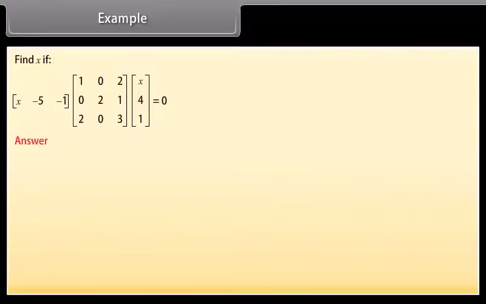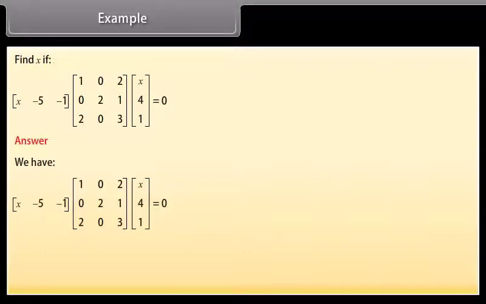Given that, we have the matrix [x -5 -1] multiplied by the matrix with first row 1, 0, 2, second row 0, 2, 1, third row 2, 0, 3, multiplied by the matrix with rows x, 4, 1 is equal to 0.